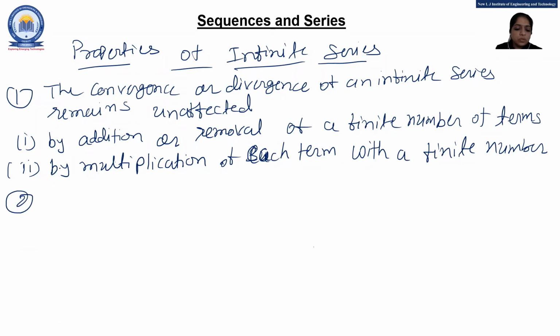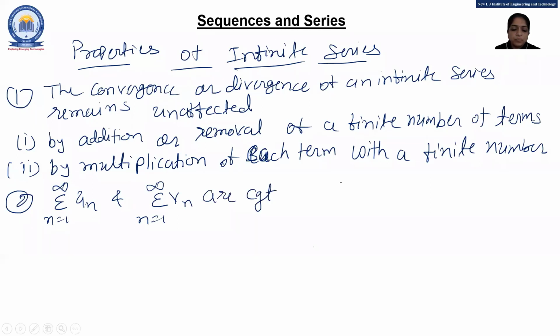Suppose we have two series, number 1 series, summation n equals 1 to infinity un, and the other series, summation n equals 1 to infinity vn. If both series are convergent, then summation n equals 1 to infinity un plus vn is also convergent.